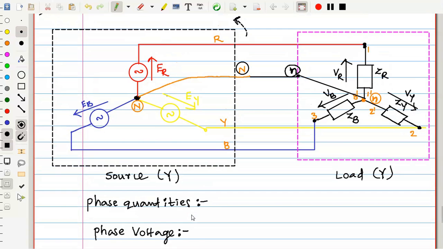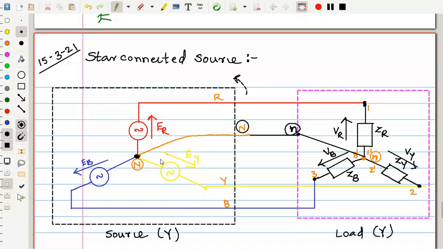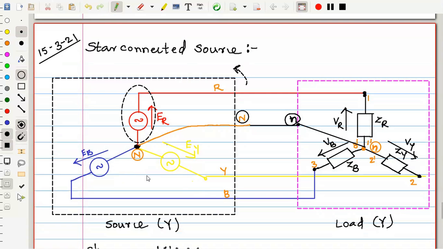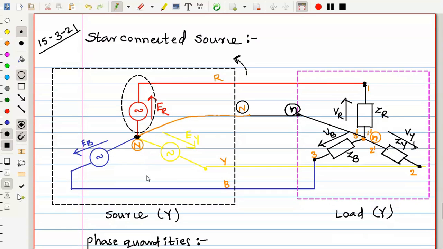Here we know that a three phase generator is formed with the help of individual single phase generators. This is one generator, a single phase generator. So we can call this one of the phases of the three phase. Similarly, the other two. Now, the voltage produced by this corresponding single phase generator is called a phase voltage of the three phase system.